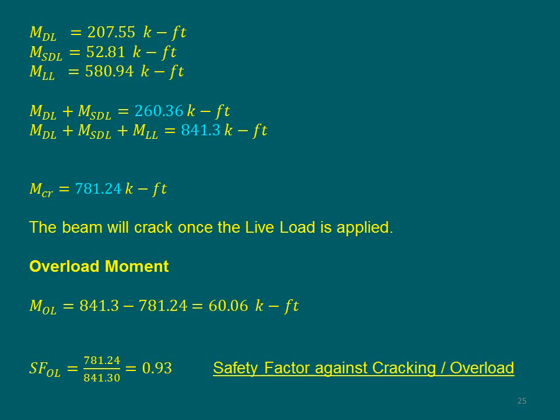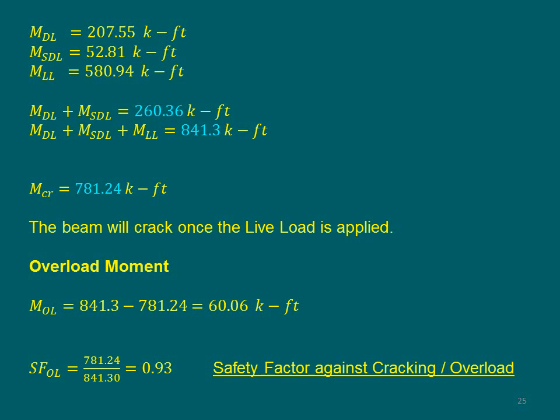Now, I understand that the cracking moment is 781 k-ft, which means with the self-weight only applied to the concrete beam, I'm not going to see any cracking, simply because moment due to dead load is 208 and the cracking is 781, so we're not close to the cracking point yet. Now you start to add the superimposed dead load. Now we are at 260.36 k-ft. As you see here, M dead load plus M superimposed dead load. Now we are at 260. We're not close yet to the cracking moment.